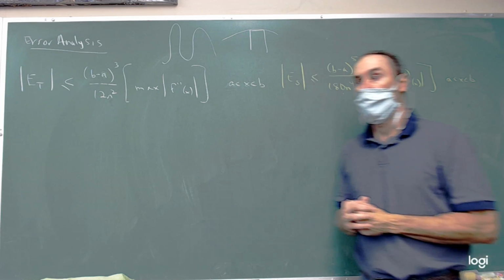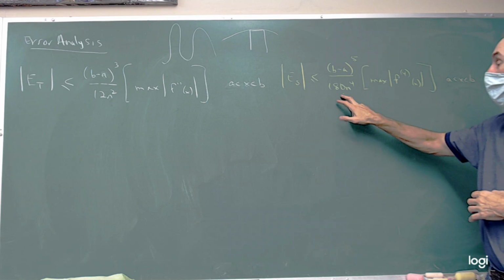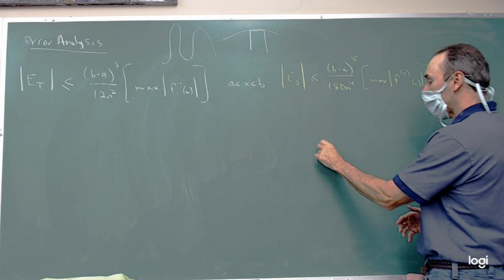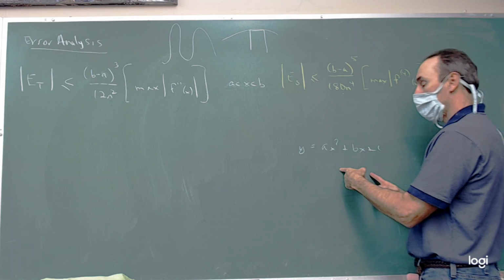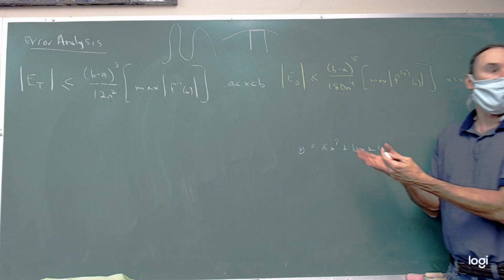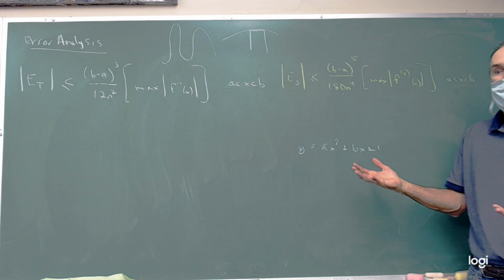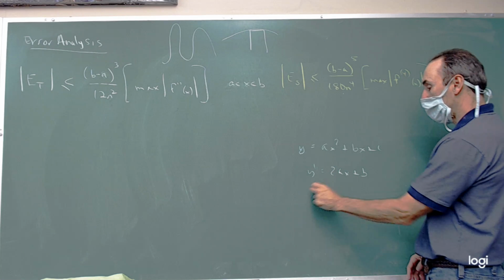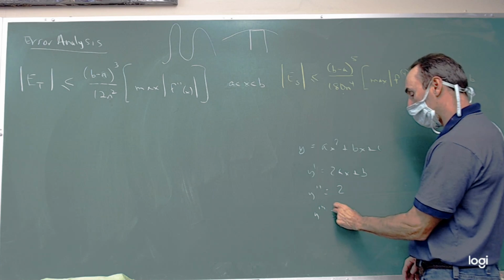What's kind of surprising, I find anyway, is that you're approximating with Simpson's rule using parabolas. So it would be reasonable to think that if you were going to approximate a function that was quadratic, that is itself a parabola, using parabolas to approximate a parabola should be spot on, and it is, because the first derivative is going to be 2ax plus b, the second derivative is going to be 2, and the third derivative is going to be 0.